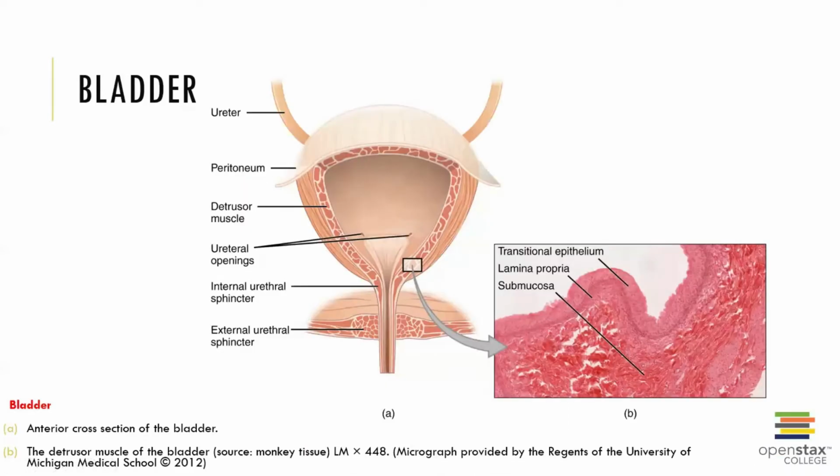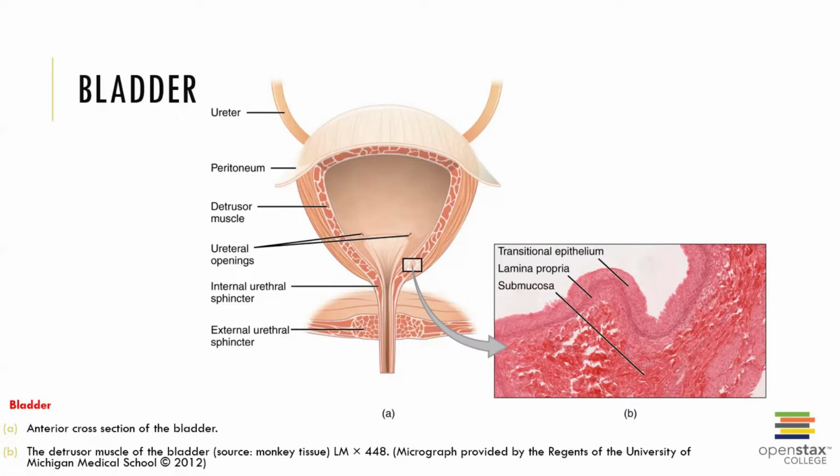Then we move into the urinary bladder, which we know is a hollow muscular organ, and it functions as a temporary reservoir, once again, for the storage of urine. The full urinary bladder can actually hold as much as 1 liter of urine. Now, this bladder is supported by 3 ligaments.